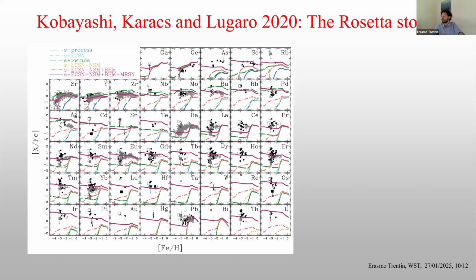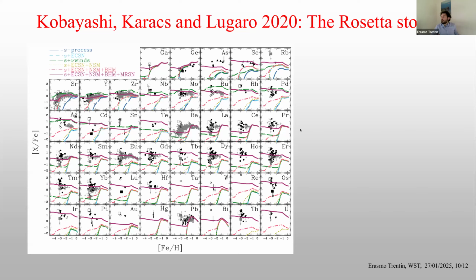And all the plots are models that cumulatively add more contributions. So we start from a purely s-process in blue, and then towards lighter colors, we have the contribution of the electron capture supernovae, the neutron star mergers, the black hole mergers, and in the end, the magnetorotational ones.